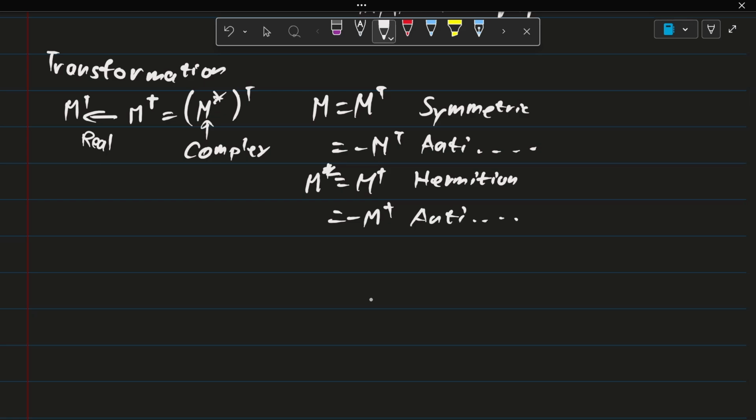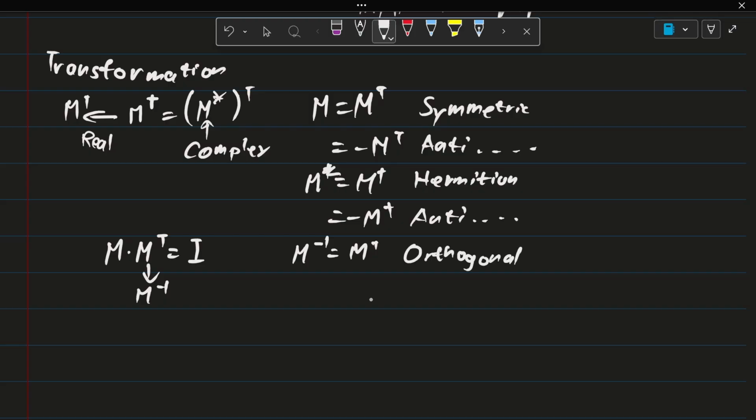Now, let's think of another case. What if we multiply M and M transpose, and we get the identity? This means that M transpose is your M inverse. So we have another relation, M inverse equals M transpose. We call this an orthogonal matrix, and this only works for real matrices.